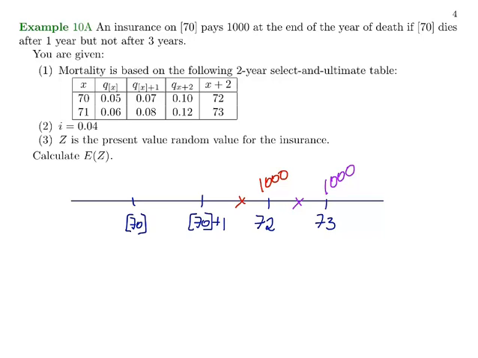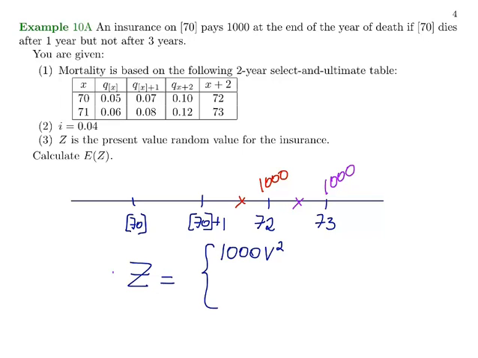So our present value random variable Z, what are the possible values of Z? Well, it depends on when the person dies. If he dies between 71 and 72, then the payment will be at age 72, and so the present value is going to be 1,000 v squared.